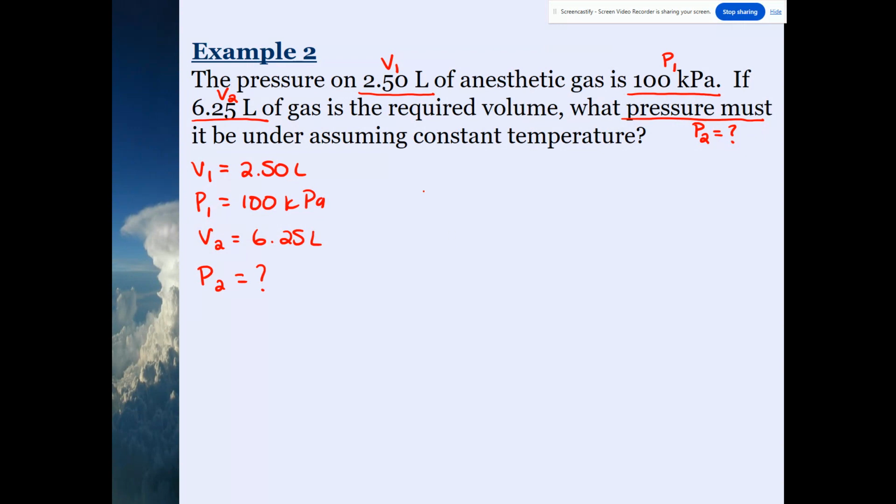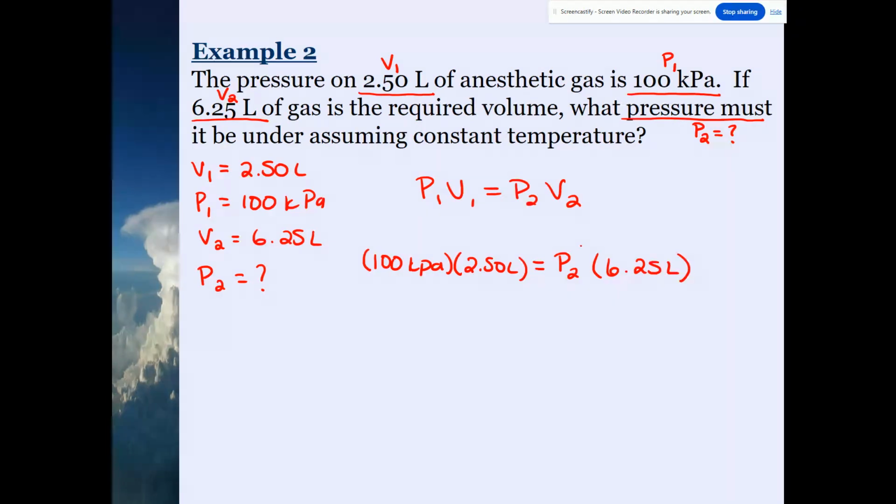Okay? So again, I have P1 V1 equals P2 V2. If I put my variables in, P1 was 100 kilopascals, V1 was 2.50 liters, P2 is unknown, so I'm leaving it as P2, and V2 is 6.25 liters. Now again, I want to isolate for P2.